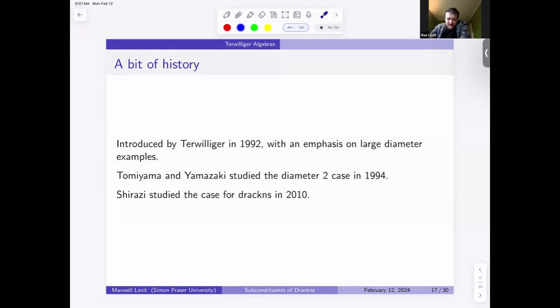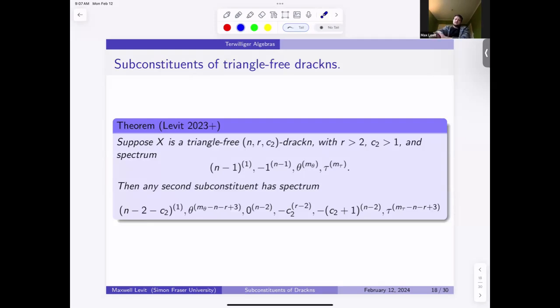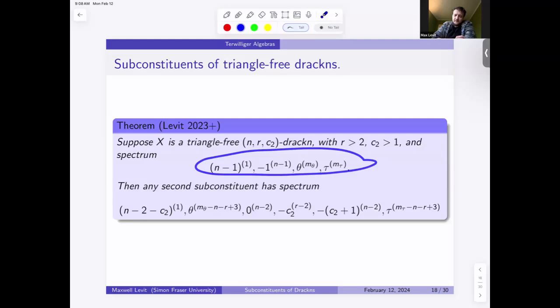Okay, and so what is the result I actually did? I showed exactly for a triangle-free Drackn what happens with the spectrum, with one small asterisk that I think I can remove. And this is just setup. This is just the eigenvalues of the Drackn to begin with. And then I want to say, okay, what's going on with the spectrum of the subconstituent?